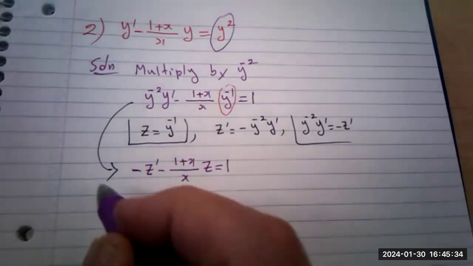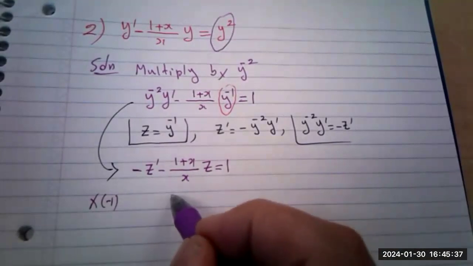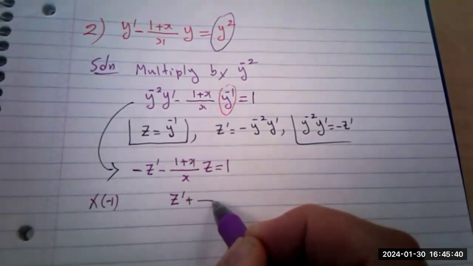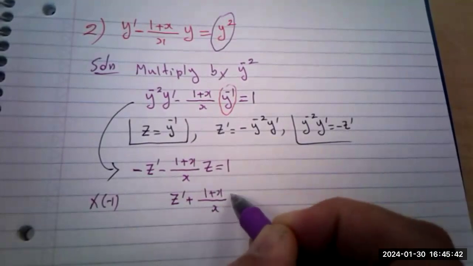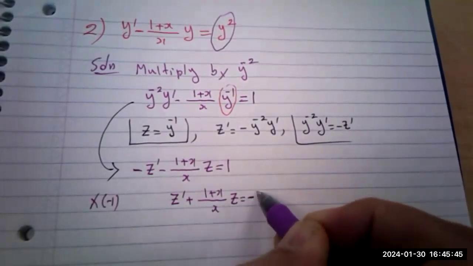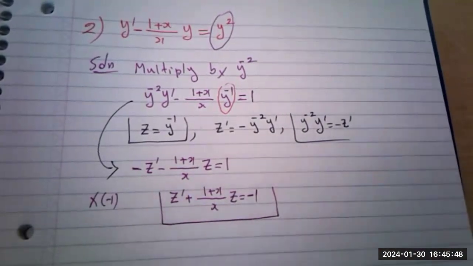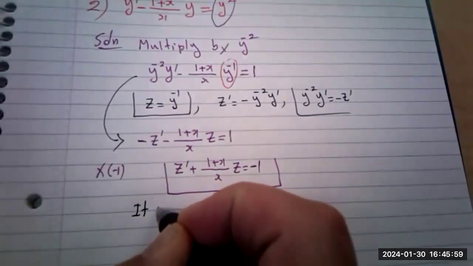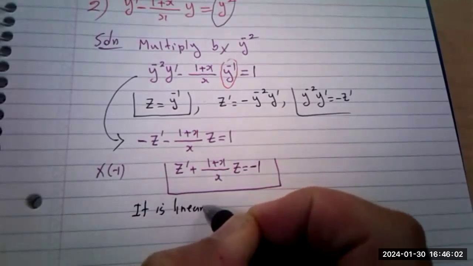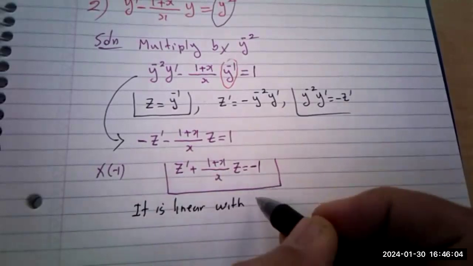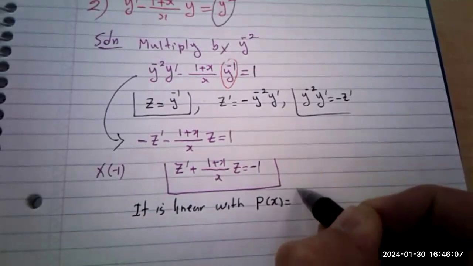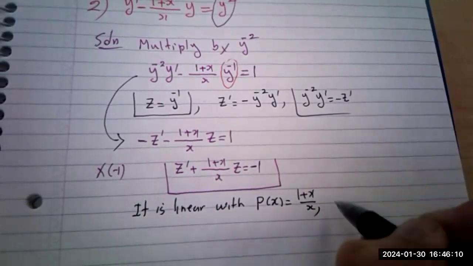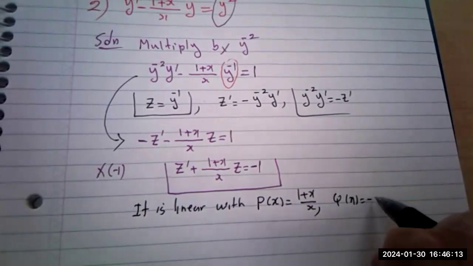So multiply by negative 1, and your equation would be z prime plus (1 plus x) over x times z equals negative 1. So this is a linear equation in terms of z, with p of x equal to (1 plus x) over x, and q of x equal to negative 1.